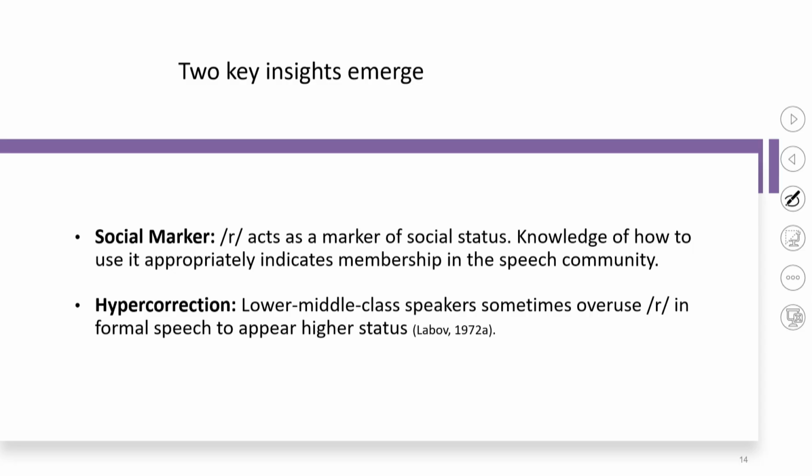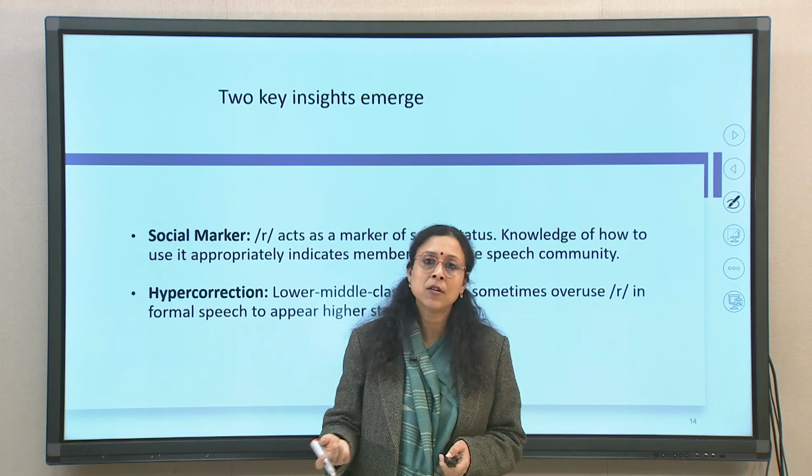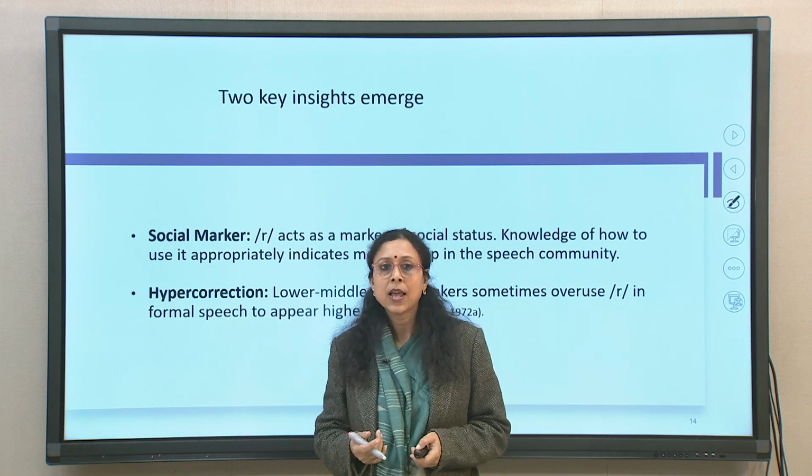The use of r acts as a marker of social status. Knowledge of how to use it appropriately indicates membership in the speech community. So, if you know that this is a signal, then you will be able to use it appropriately. So, depending on which class you belong to or which class you want to appear to belong to, it will be decided by the use.